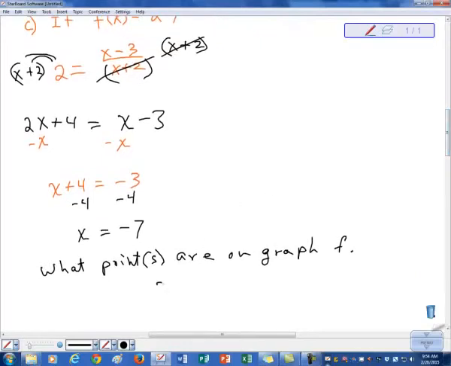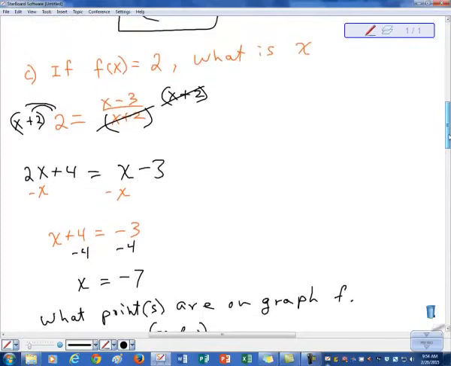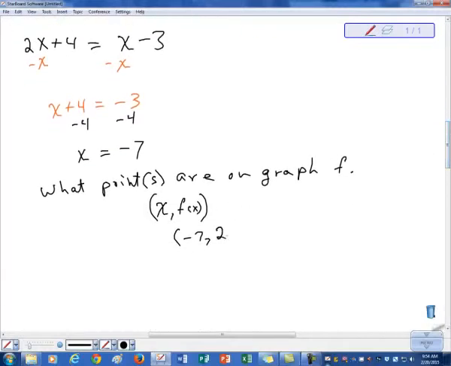You're looking at x and f of x again, right? What was x? You should have said x is negative 7. And what is f of x? Well, f of x, that's what we started with. We substituted that in. f of x is 2. And so that is our answer for that part of the question. Okay.